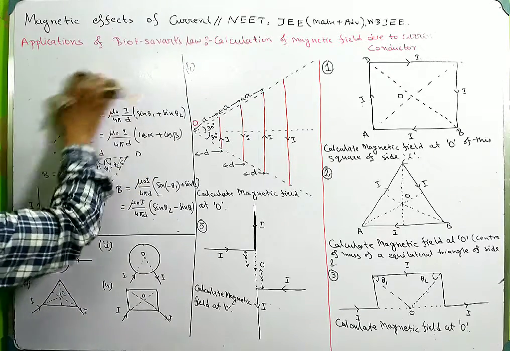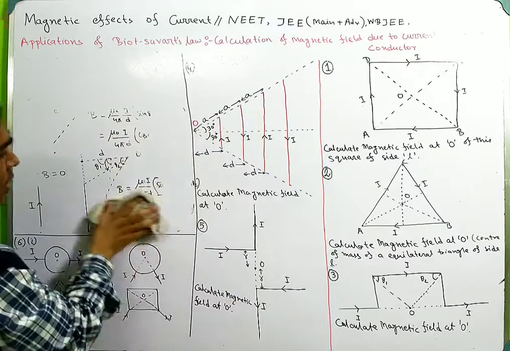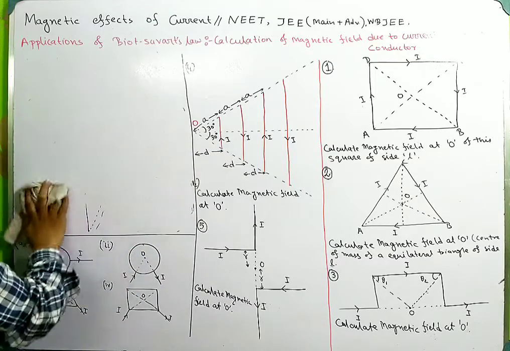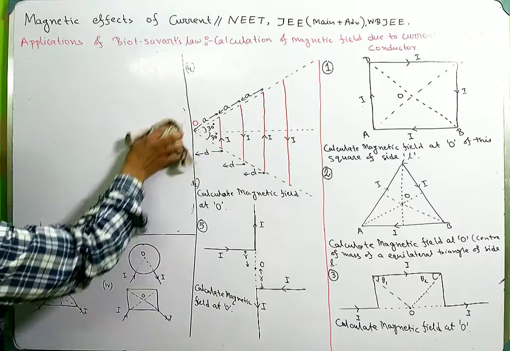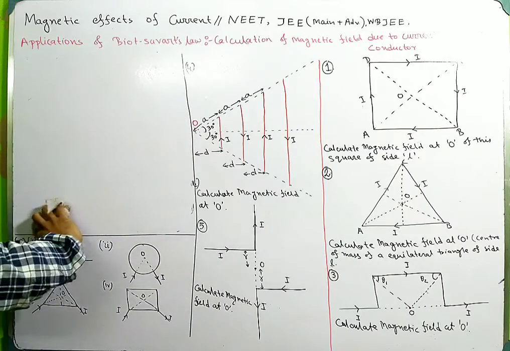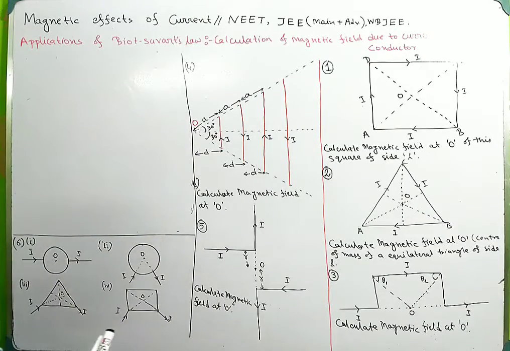Now, magnetic field is a vector quantity, so it has magnitude as well as direction. So how to calculate the direction of this magnetic field?